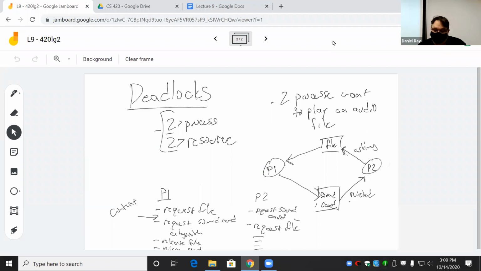Because you can imagine, what if we've got hundreds of processes and hundreds of resources? Many of those processes may not ever be deadlocked, but some number of them, in some complicated way, are waiting on the rest, or some other, which is waiting on another, which is waiting on another, which might be waiting back on me, okay?